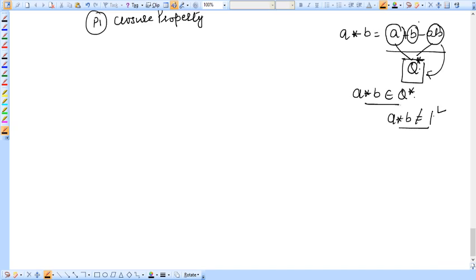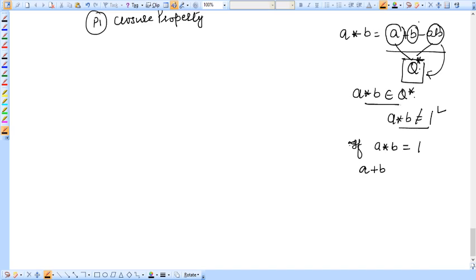Already we know addition and subtraction of any 3 rational numbers is again a rational number, but it must not be equal to 1. Therefore this is the only thing we will be thinking. So see, what if a star b is equal to 1, then what would happen?